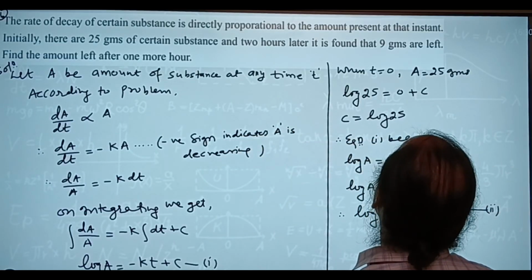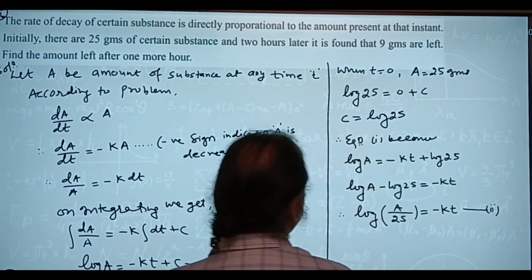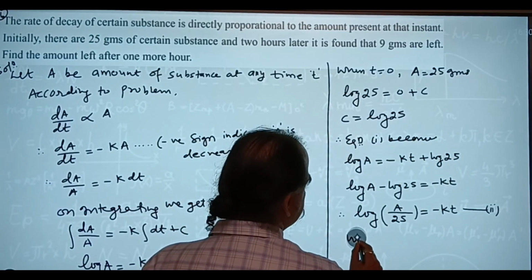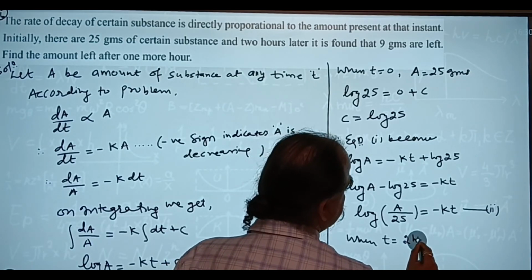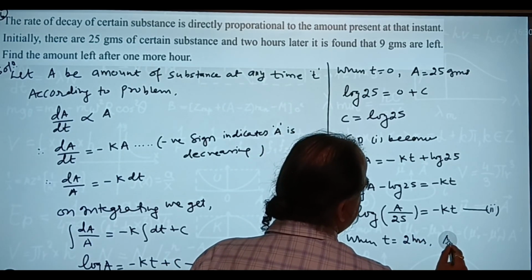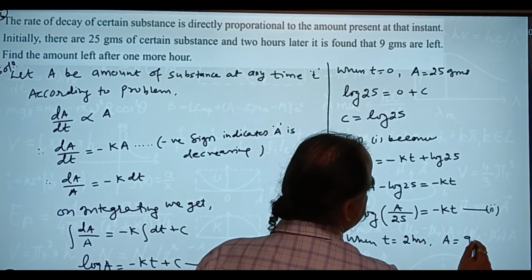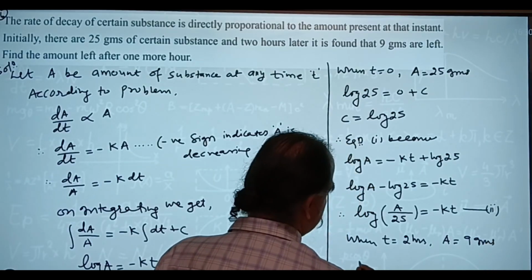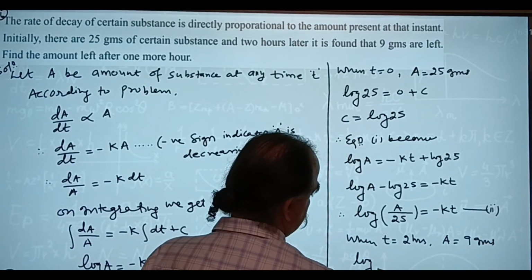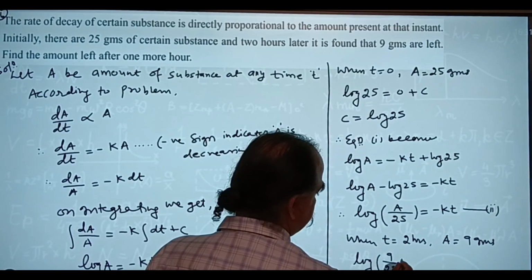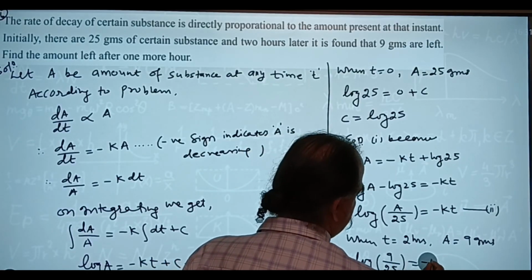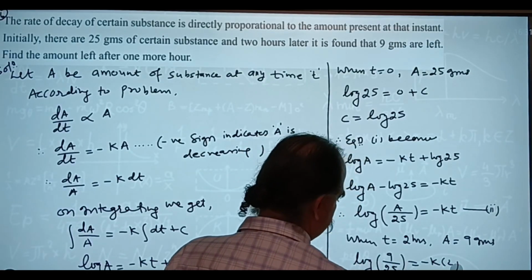2 hours later, it is found that 9 grams are left. When time is 2 hours, A becomes 9 grams. So log 9 by 25 is equal to minus k into 2.